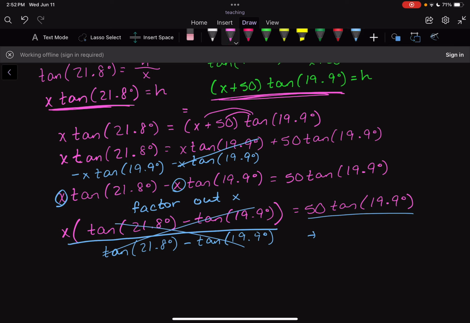I don't want to write it twice, so I'm just going to write it once. X equals 50 tangent 19.9 degrees over tangent 21.8 degrees minus tangent 19.9 degrees.